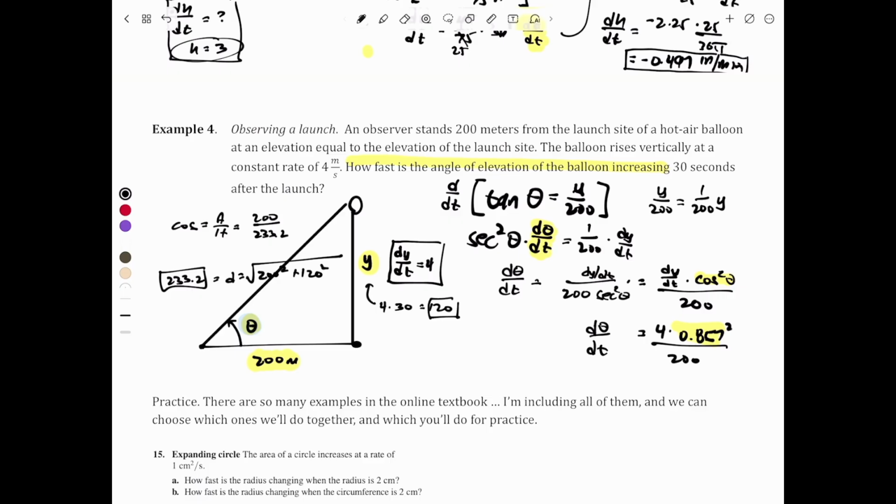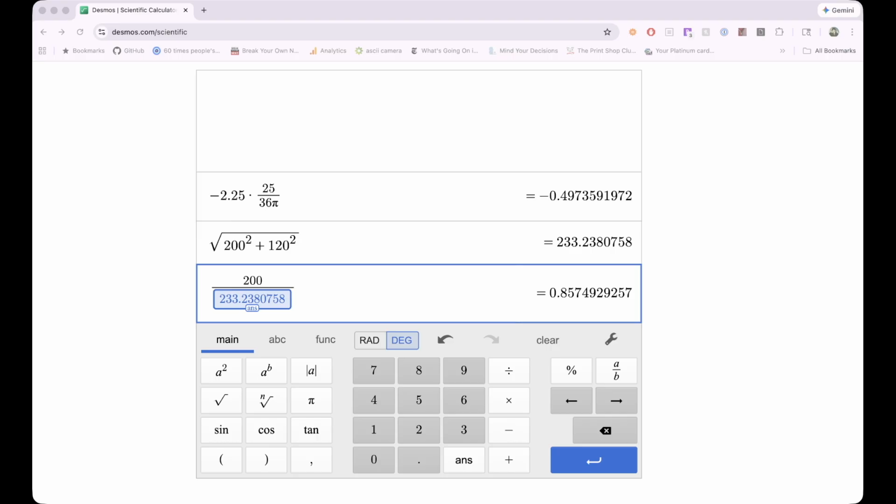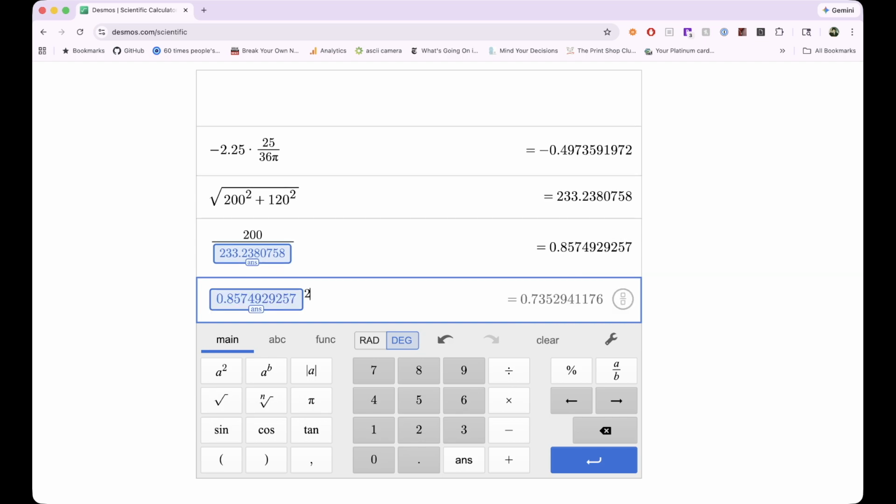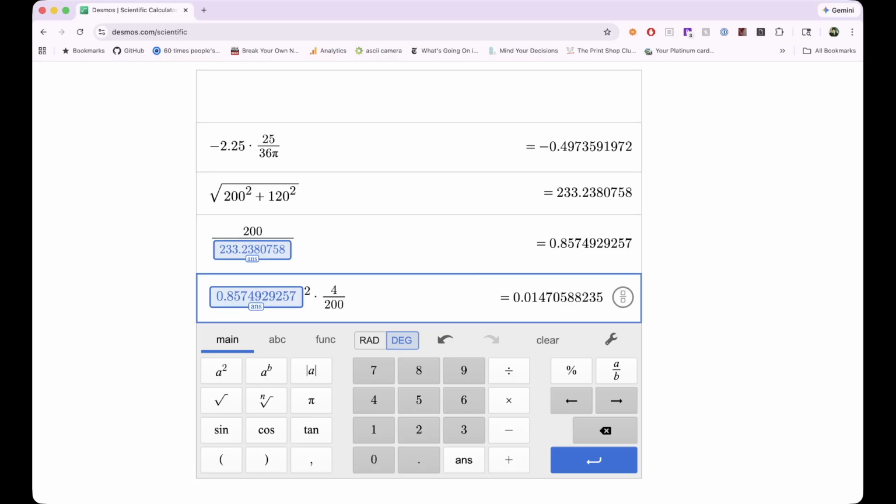So let's work this out on the calculator one last time. I'm going to square that number. So previous answer squared times 4 over 200. And I get that the angle is increasing at about 0.015. What's the unit though?